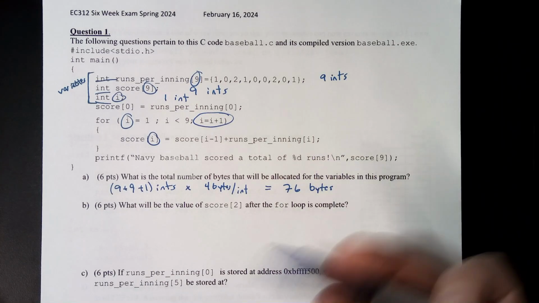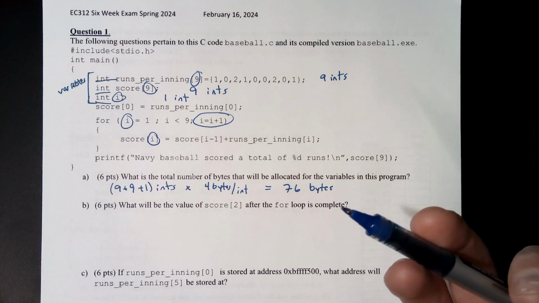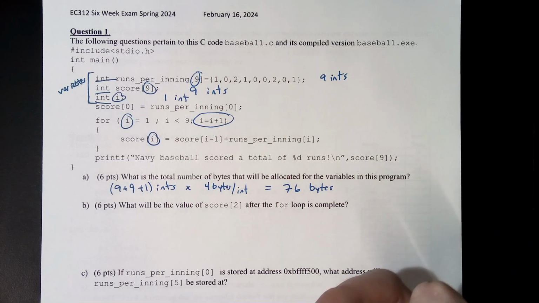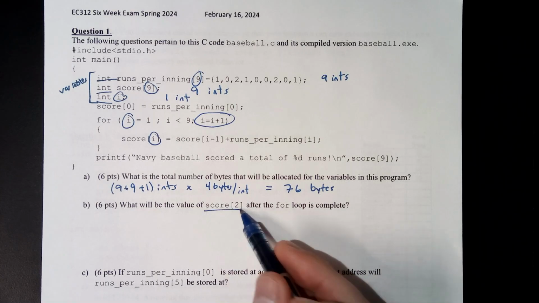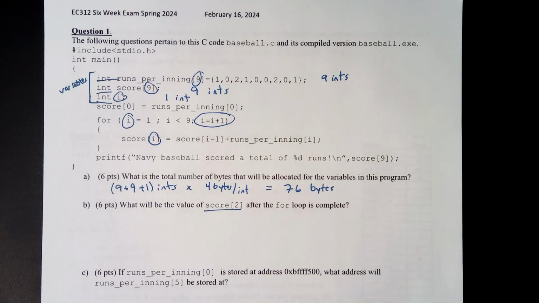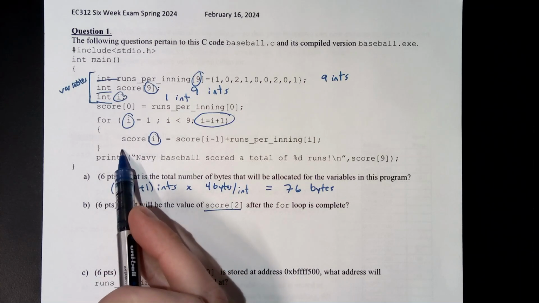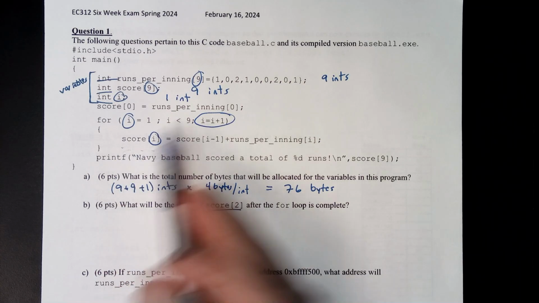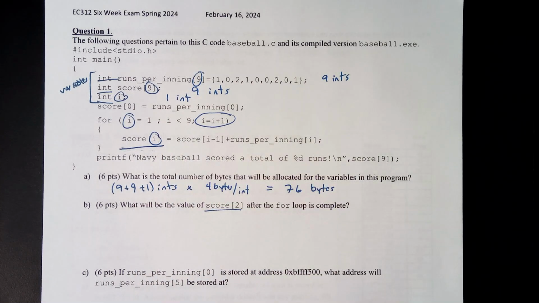So really every iteration of the loop is just changing one of the elements of that array. Understanding that lets you shortcut this a little bit. What we want to understand is, what's happening to score 2? The only way score 2 is getting modified is if it's on the left-hand side of an assignment. So score 2 is going to get modified at this point in the code.